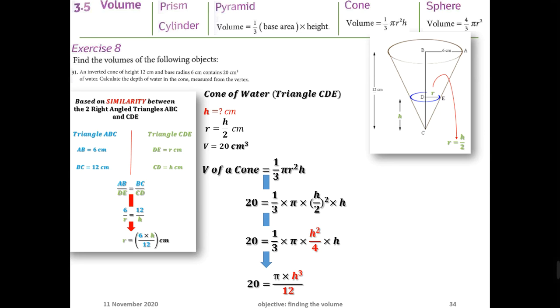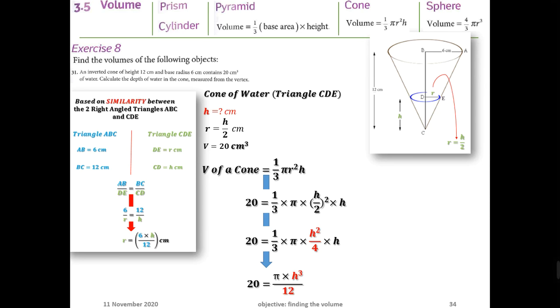And again, if we're multiplying fractions, numerators times numerators, denominators times denominators. So 1 times pi is pi. Pi times h squared is pi h squared. Pi h squared times h is going to be pi h cubed.